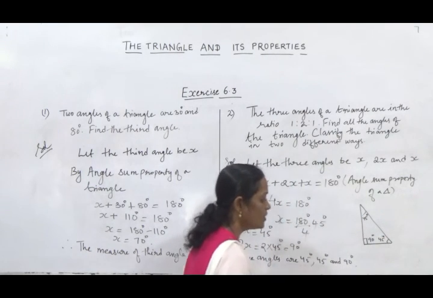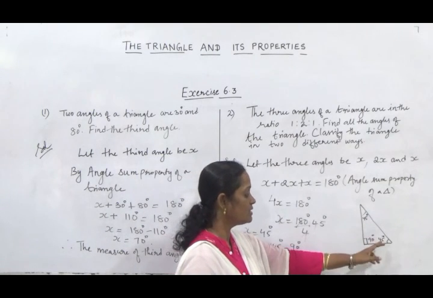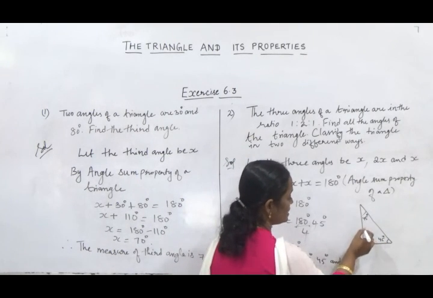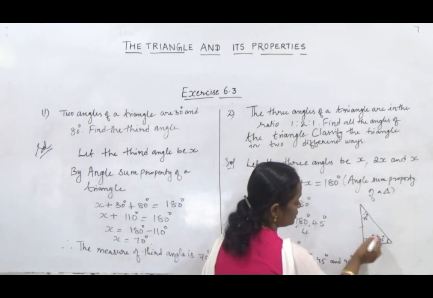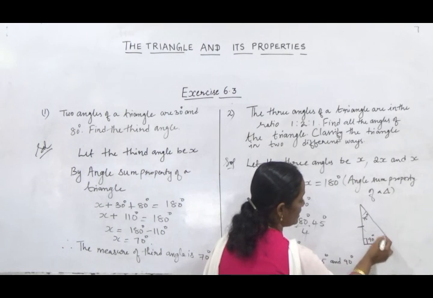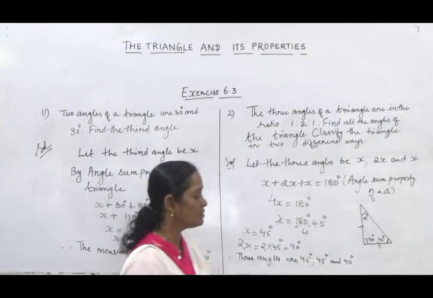So here is one more property: the angles are equal here, so the sides opposite to these equal angles are also equal. The side opposite to this 45 degree is this side and the side opposite to this other 45 degree is this one. So these two sides are also equal.